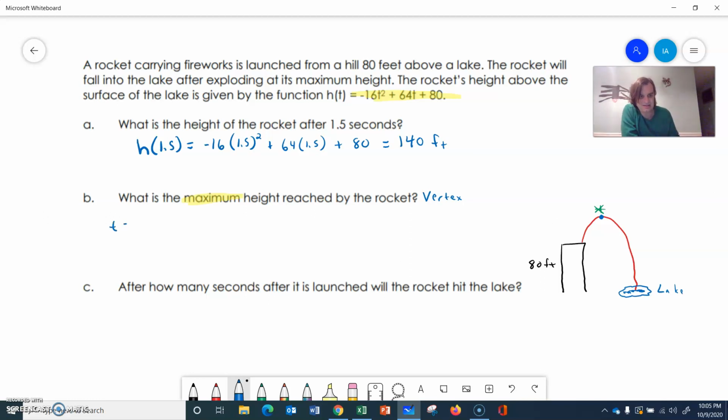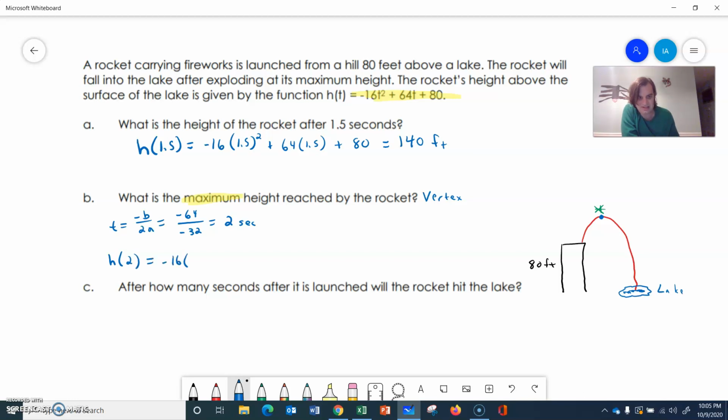X, or in this case t is our variable, is negative b over 2a. So negative b will be negative 64 over 2a will be negative 32. So the time that it reaches its maximum height is 2 seconds. But that's not the maximum height. So we have to come back and plug 2 into the function. So we need h of 2.